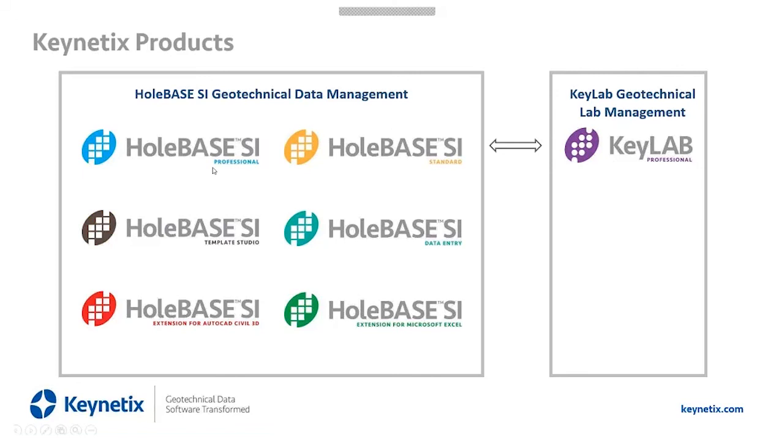And because we can get the data back into HoleBase, we can then put it through into AutoCAD, and we can visualize this information. So, for instance, the CBR, California bearing ratios, when you're doing highways, looking at the strength of the ground, we can pull that data through and generate a hotspot map inside AutoCAD Civil, showing you where you've got hard and soft ground, where you intend to run the road through.